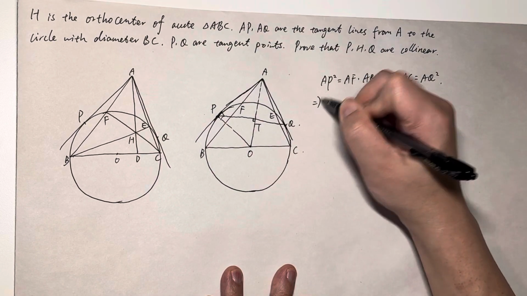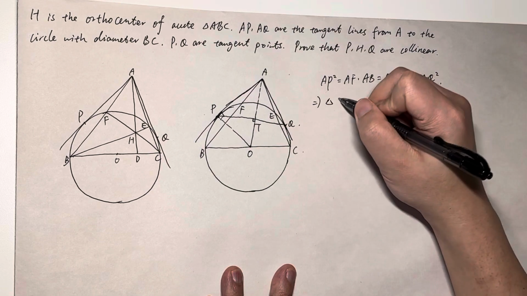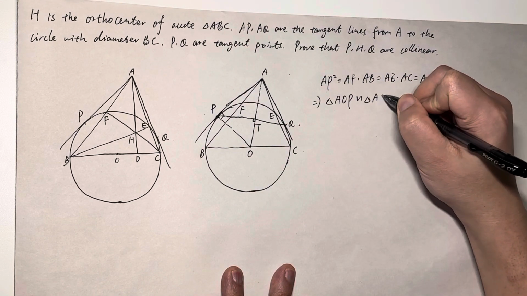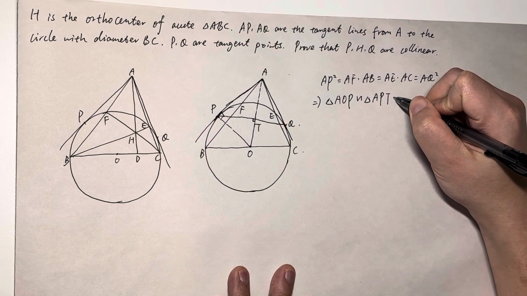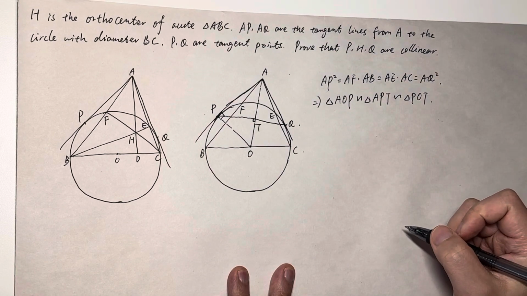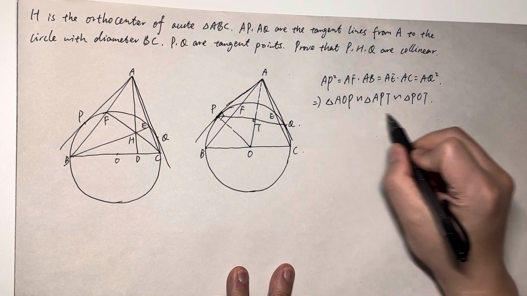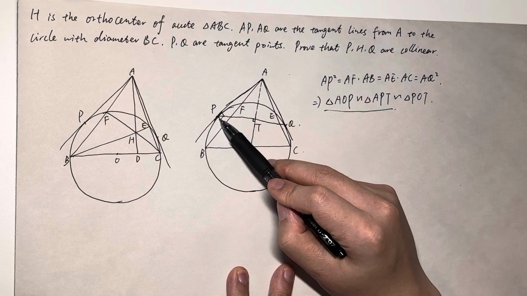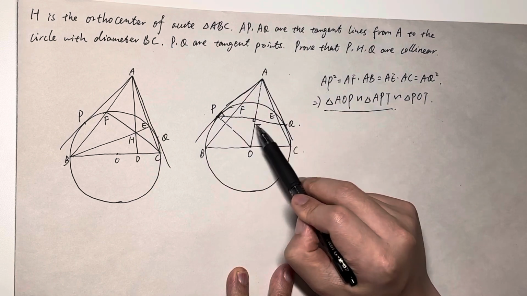So we know that triangle AOP is similar to triangle APT and similar to triangle POT, right?